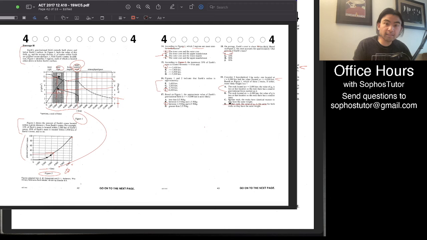So now let's consider the question. Going to 19. We consider two hypothetical 1 kg rocks. Kg is a measure of mass. All right. Based on figure 1, which of these two rocks, if either, is more likely to weigh less? Now, this is a question where having a little bit more science knowledge will help you out here.